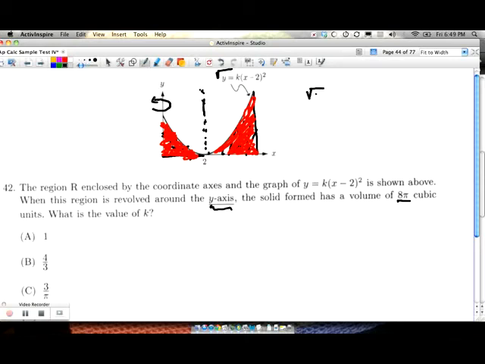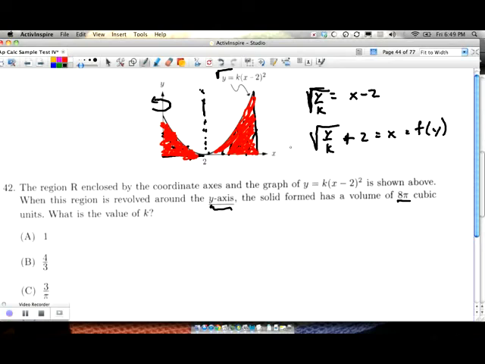So that means if I square root both sides, I have square root of y over k, I divide both sides by k, equals x minus 2. So then we have the square root of y over k plus 2 equals x. So that's my function of y.